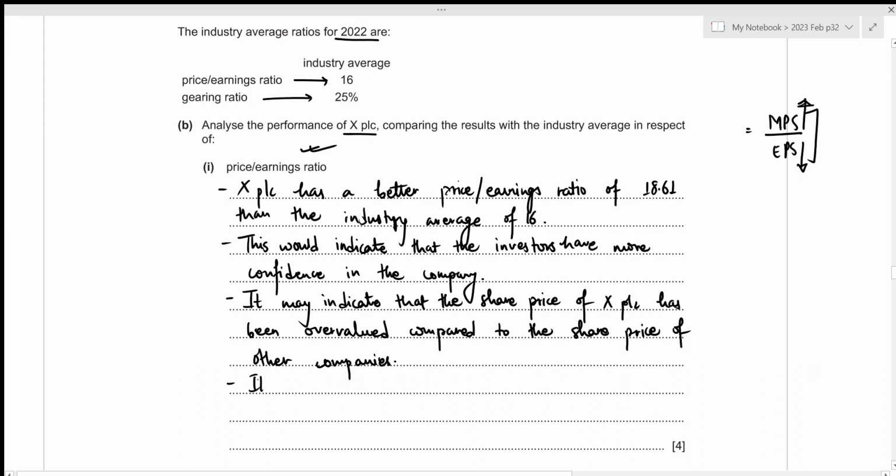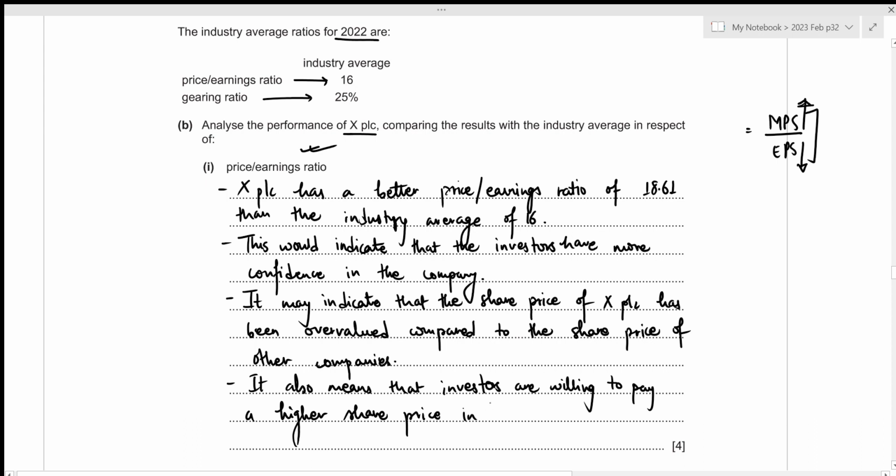It also means that investors are willing to pay a higher share price in the expectation of future earnings growth.